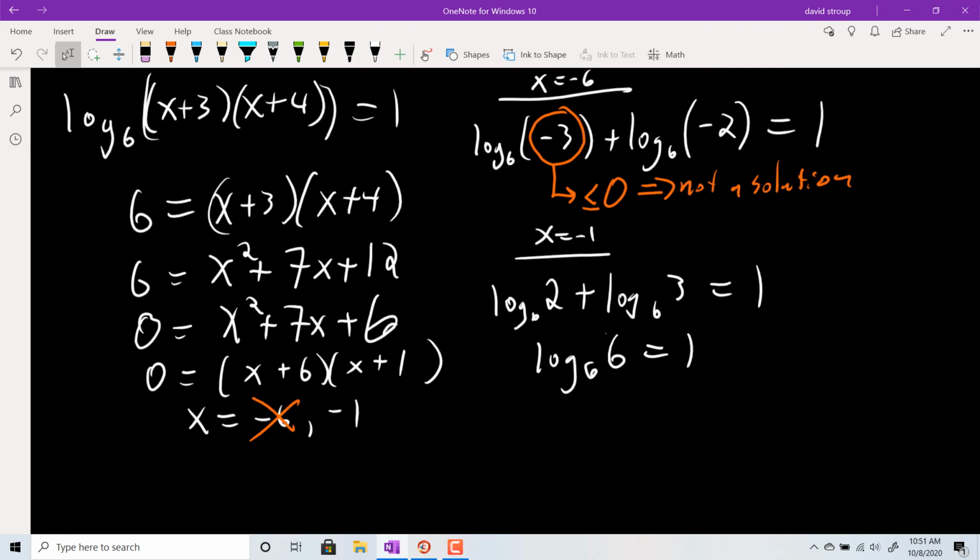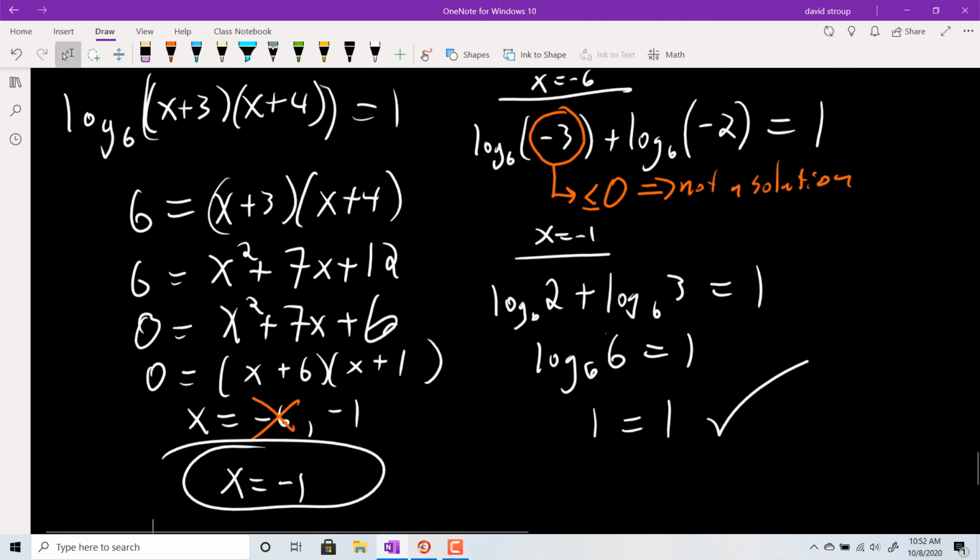You put a negative inside of a log in the first place. If you go back and look at the restrictions on logs for doing the product rule, you'll see that this inner value has to be a positive real number. It can't be negative. But here you can, because 2 and 3 are both positive. So anyways, log base 6 of 6, 6 to what power equals 6? That's just 1. So 1 equals 1, that one works. And so we have one solution, x equals negative 1.